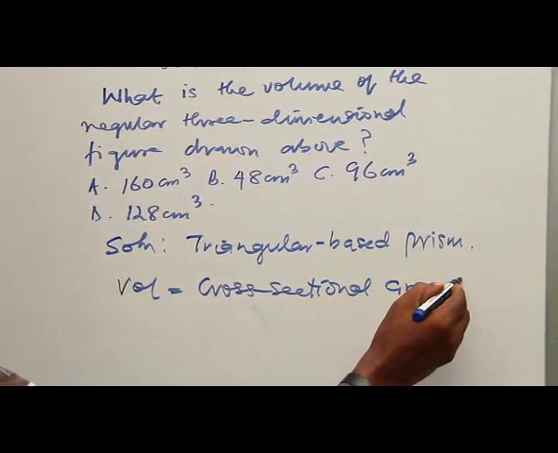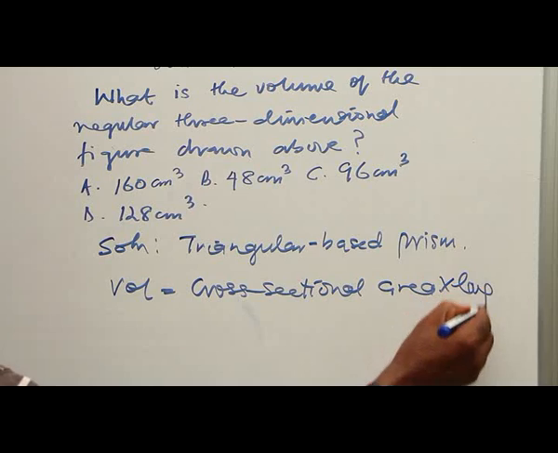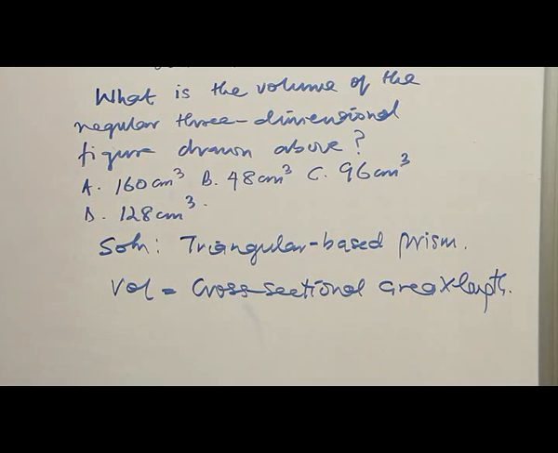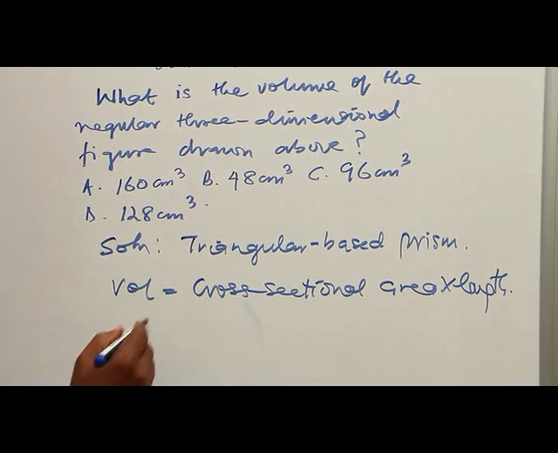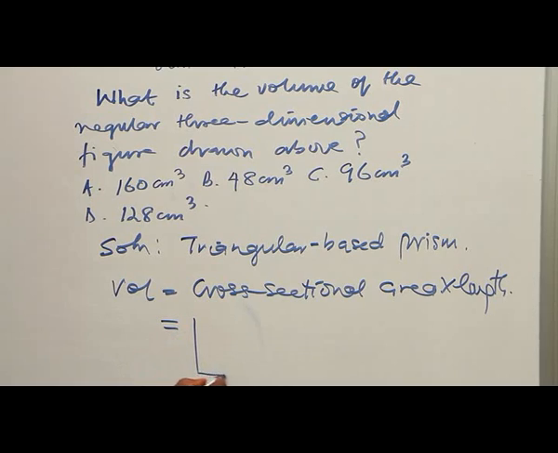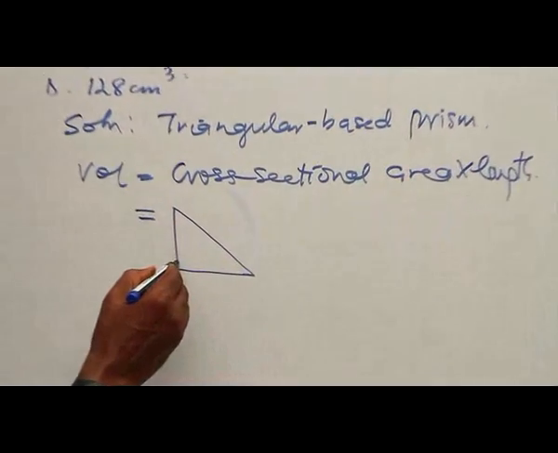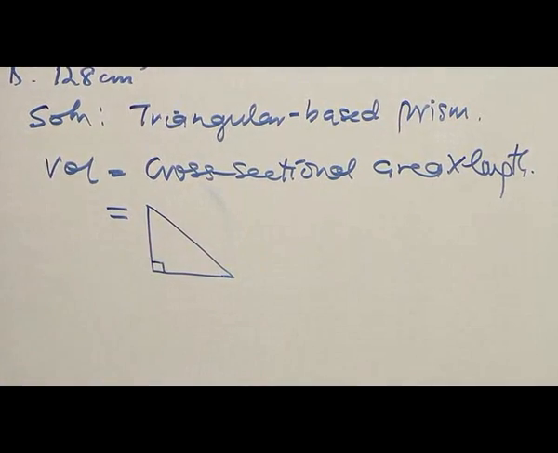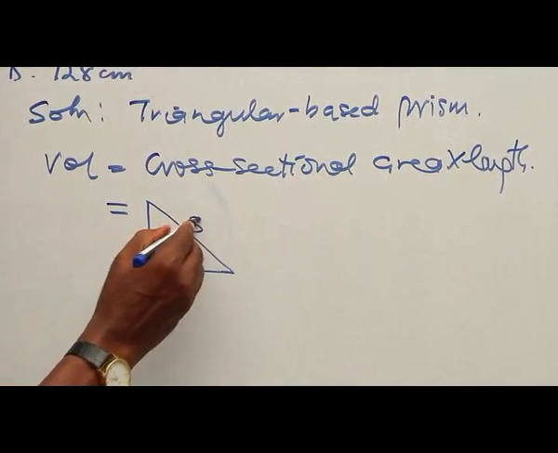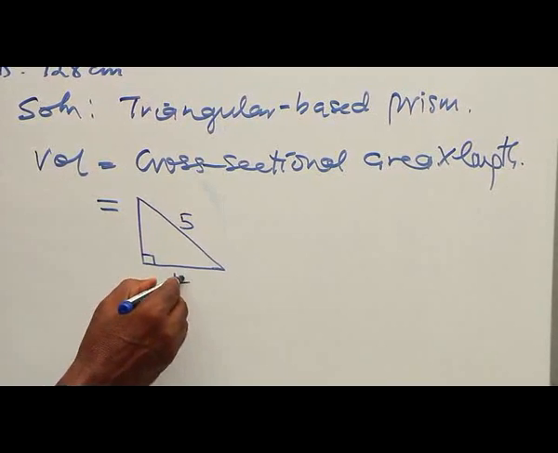Multiply this by the length of the prism. Now, how do we get the cross-sectional area? If you look at it carefully, we have a right-angled triangle there at the cross-sectional face. Now, this is 5 units, this is 4 units.